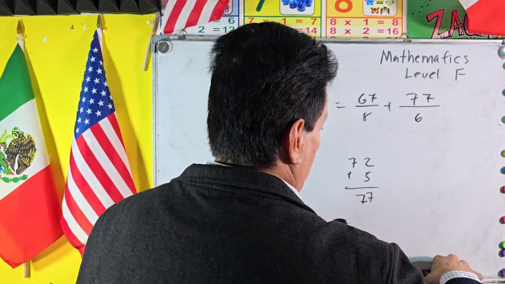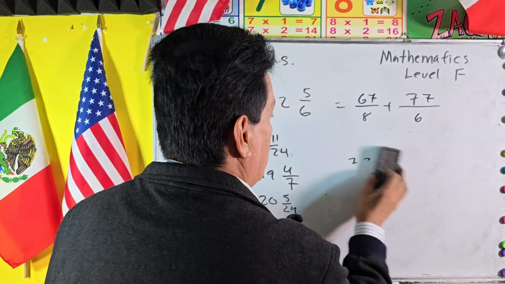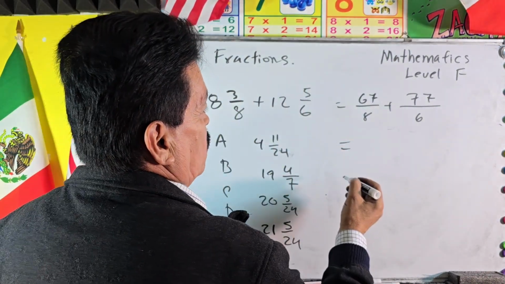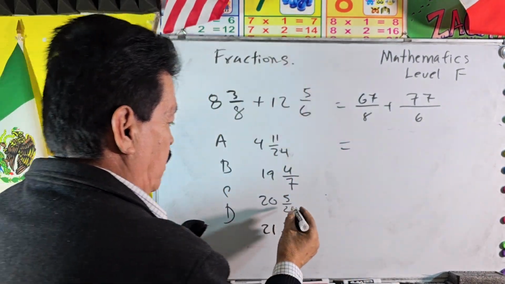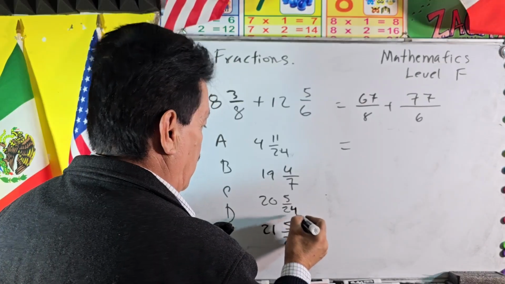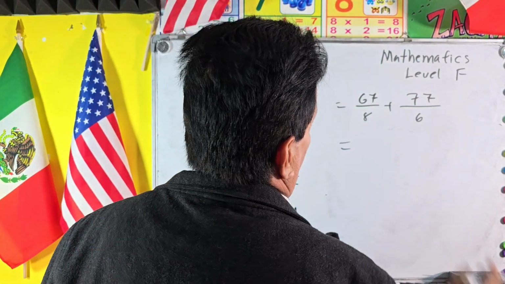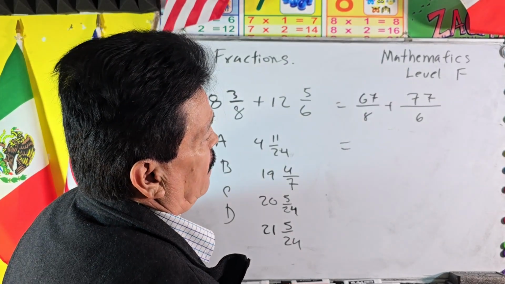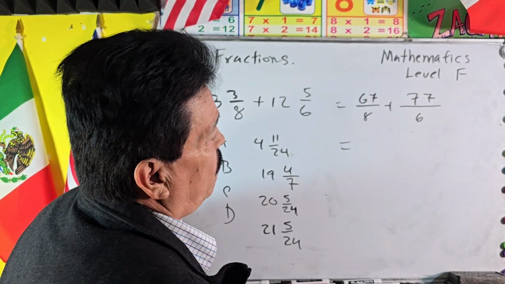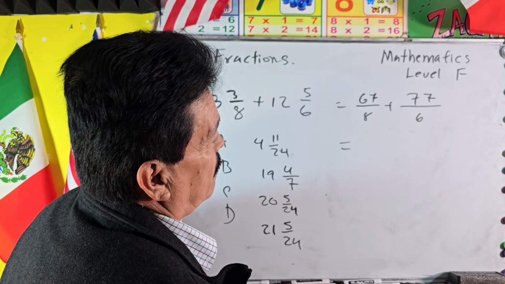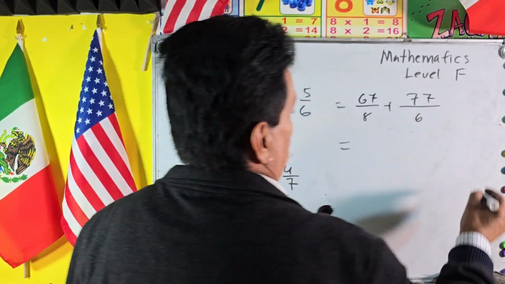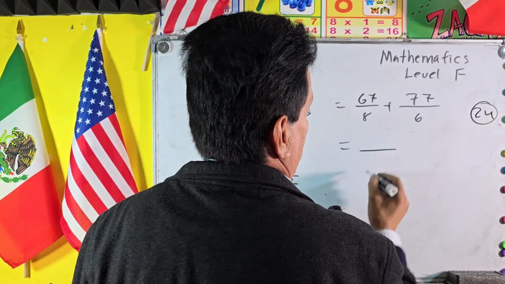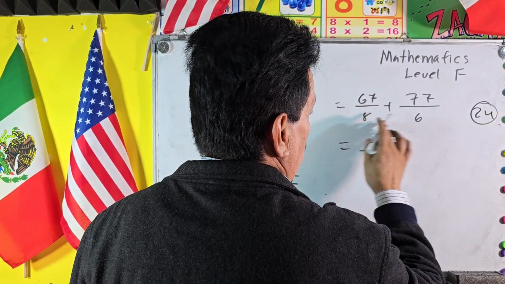But first of all, we have to find the minimum common denominator. When you find the minimum, we are able to find the answer here. So the minimum for these numbers is 24. It's 24, the minimum. And then which number times 8 is 24?